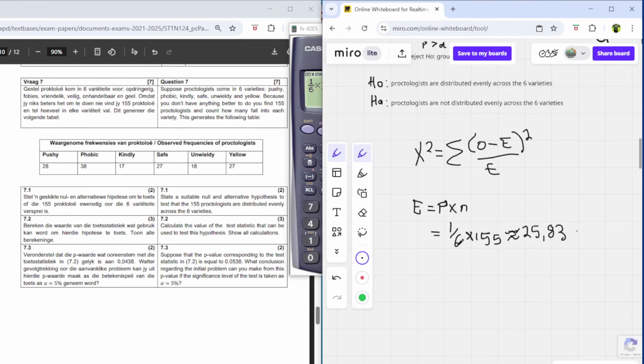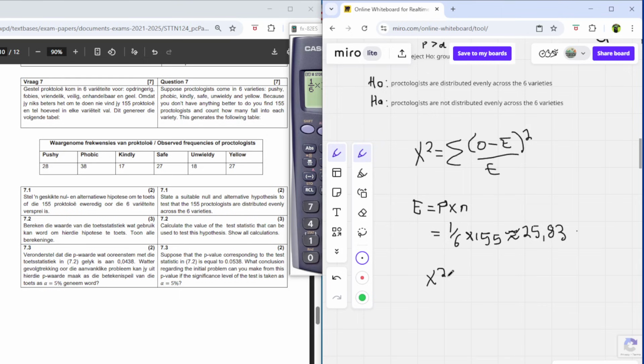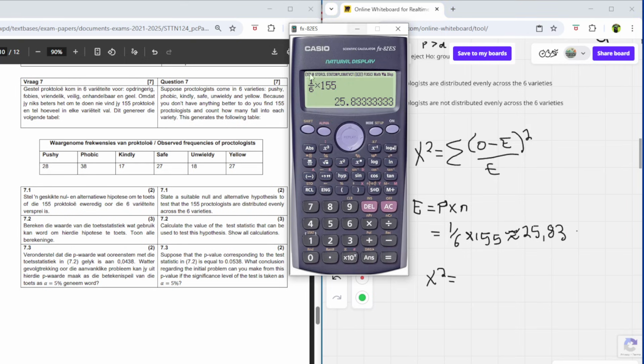Now that we have the observed and the expected, we can substitute into our equation and find the answer. I'm going to do this at the same time on the calculator, but you can write it down first and then do it after.